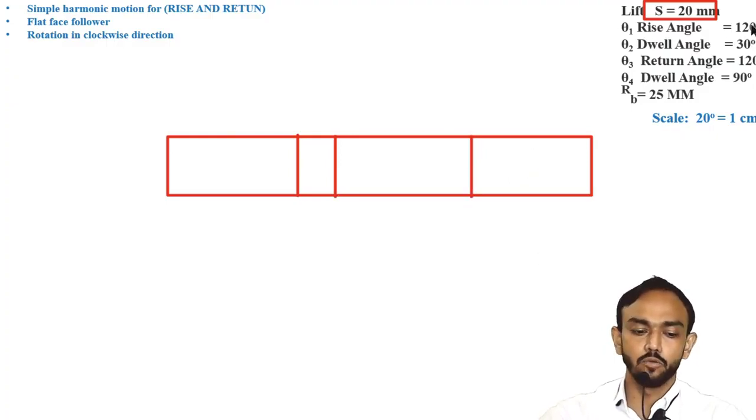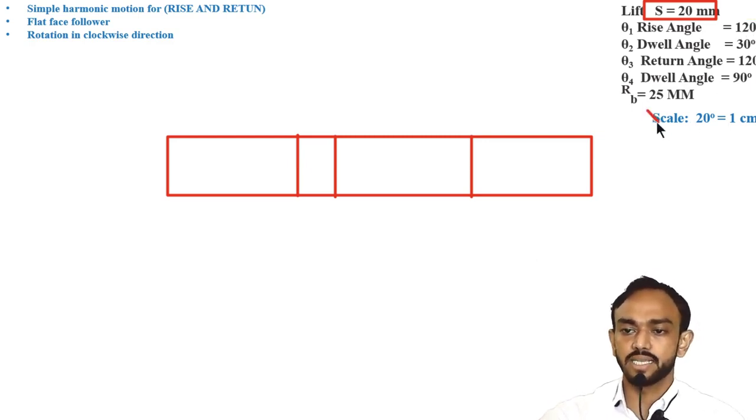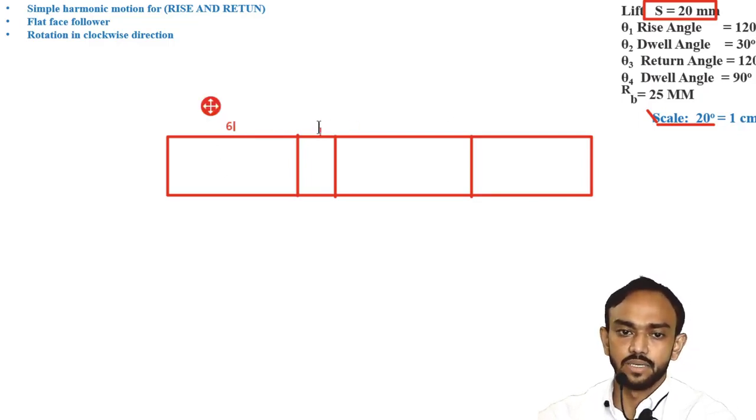Depending on this, we have to divide the angle by 20, because our scale is 20 degrees equal to 1 centimeter. 120 by 20 is equal to 6. So this will be 6 centimeter, this will be 1.5, this will be 6, and this will be 4.5.